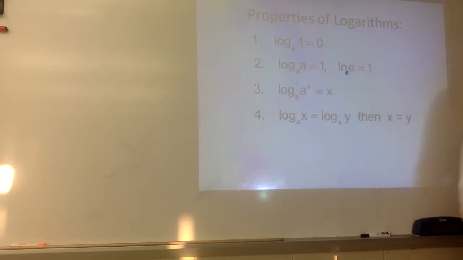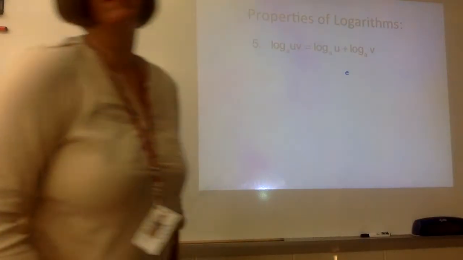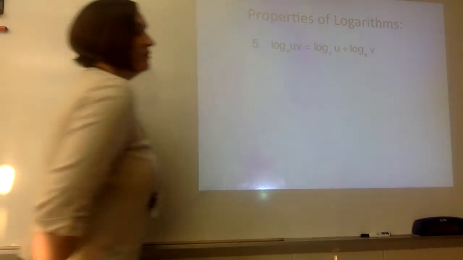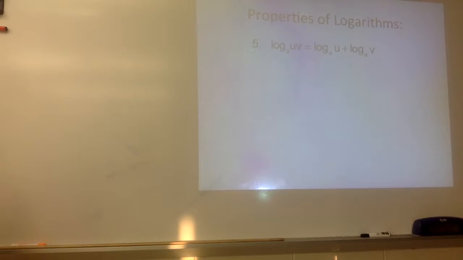All right, next rule. Here we go. Property of logarithm. Write it down. I'll explain what it means. Log base a of uv is equal to log base a of u plus log base a of v.